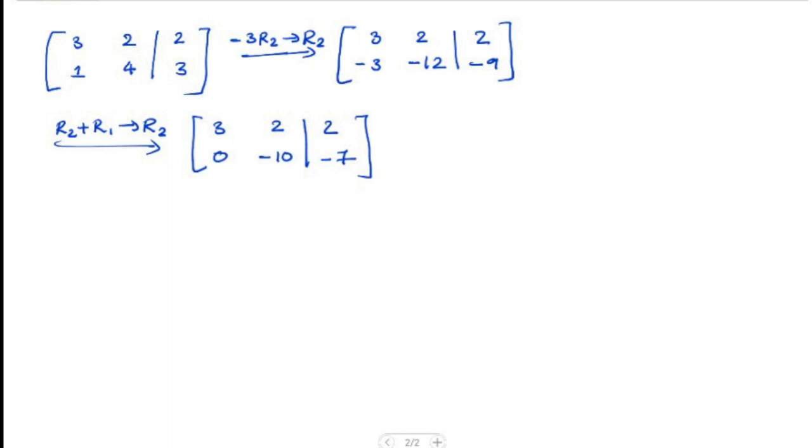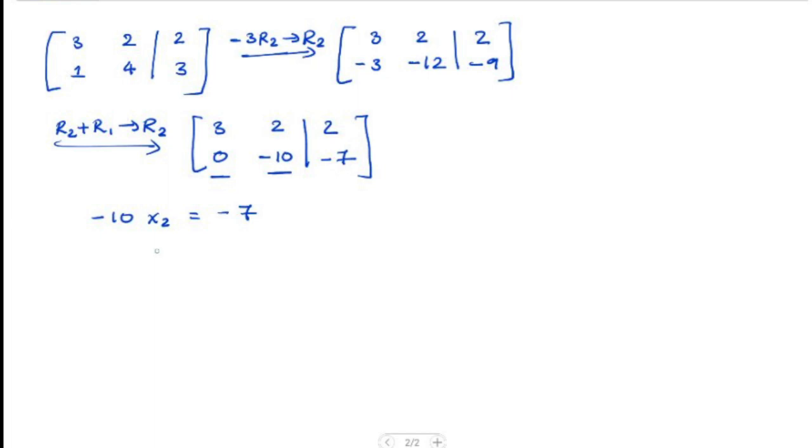So we will now take -10 times x2 is equal to -7. Here, this is for x1 and this one is for x2. So we have 0 times x1, which I'm not writing down, and here we have -10 times x2 is equal to -7.